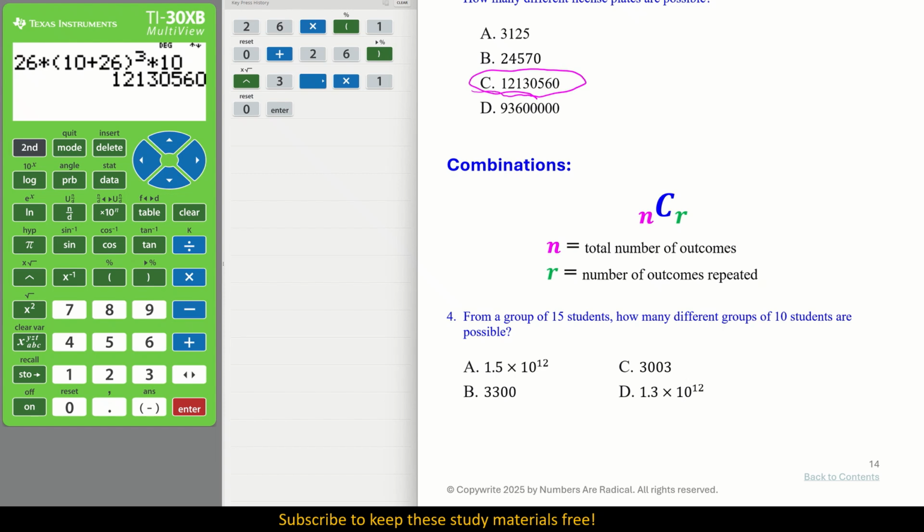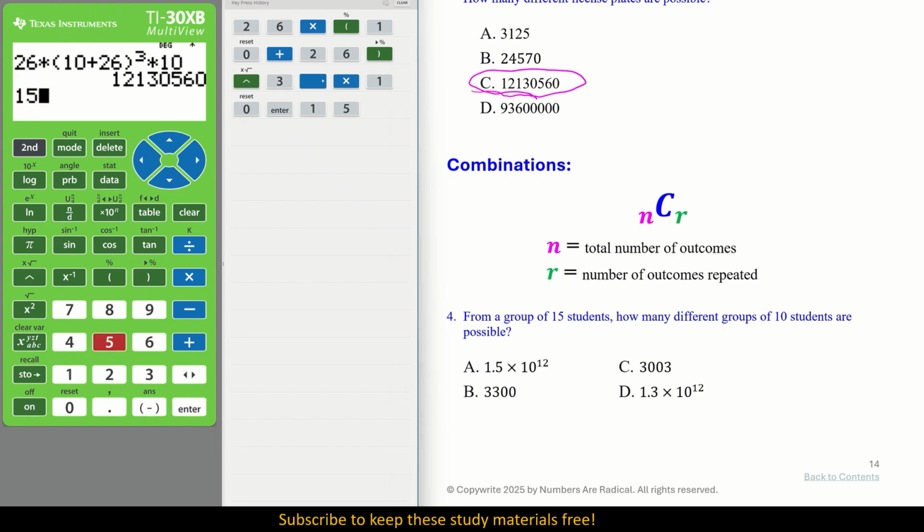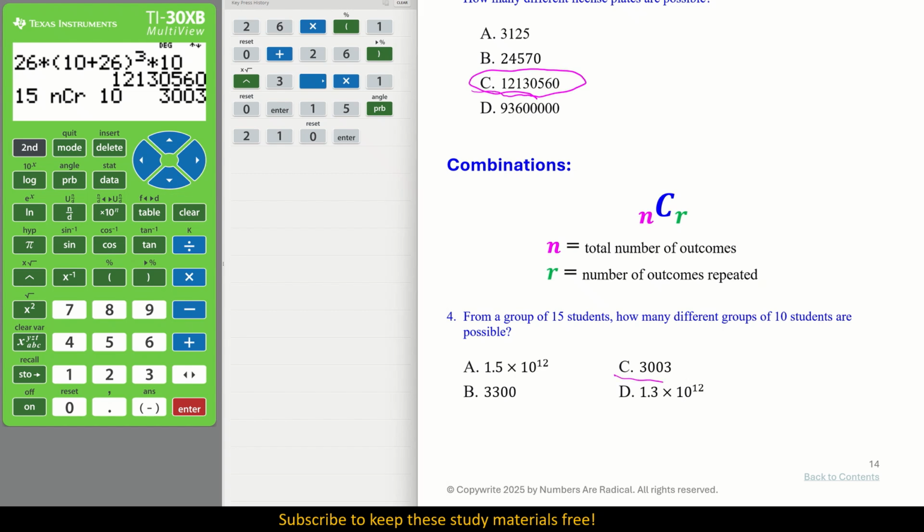So we simply need 15 would be our total, and then push your probability. You want number 2, and then we want 10 out of that 15. But this is a combination, so we're going to let the calculator do the work for us. So that would be C.